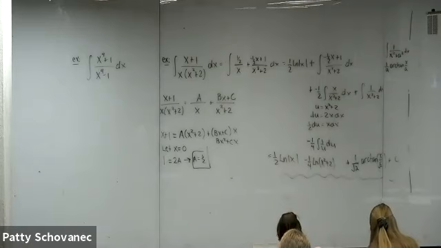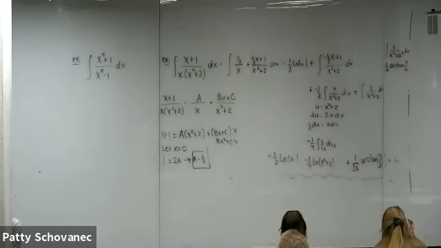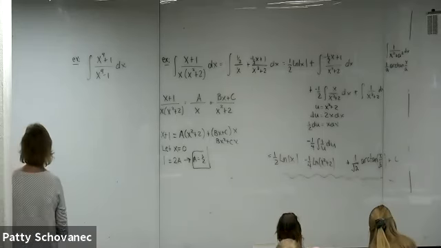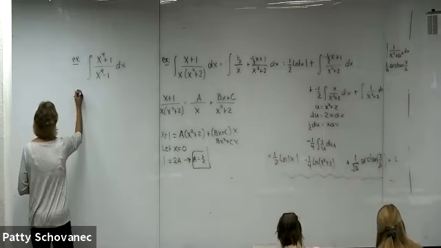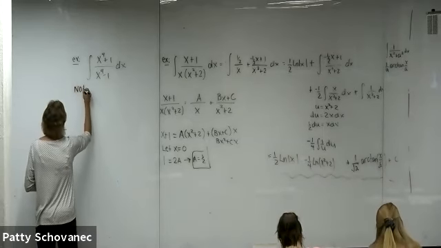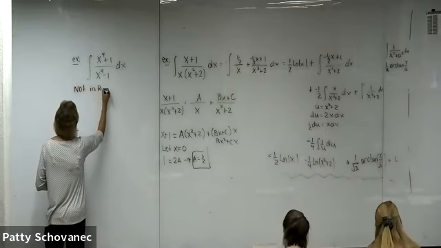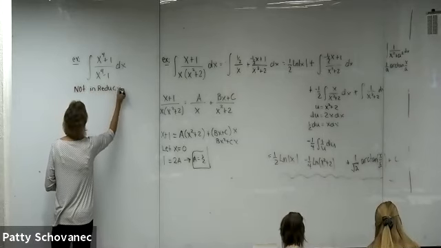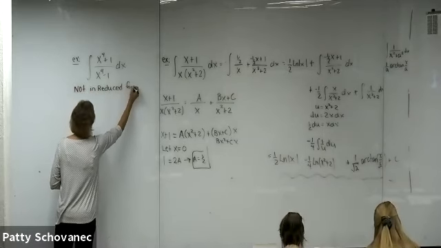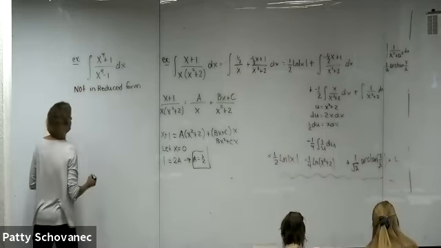You can do it by dividing or by adding a 0 in a clever way. It's not in reduced form. Dividing is easy enough. Adding 0 is easy enough.